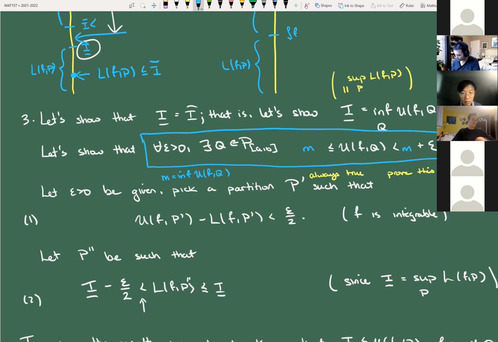This is the epsilon definition of the infimum. And what I'm trying to show is that the infimum of the upper sums is equal to the supremum of the lower sums. So what I'm going to do is put sup LFP in here.